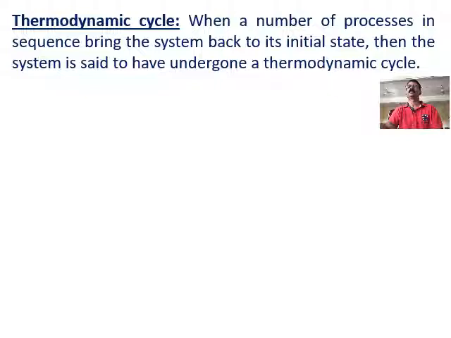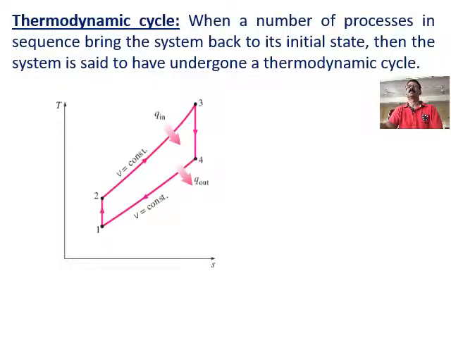One thermodynamic process changes the state from 1 to 2, process 1 to 2. From 2, it again undergoes a change of state to point 3, process 2 to 3. From 3, it changes to point 4, process 3 to 4. From 4, it comes back to state 1, process 4 to 1. Then we call it a cycle.